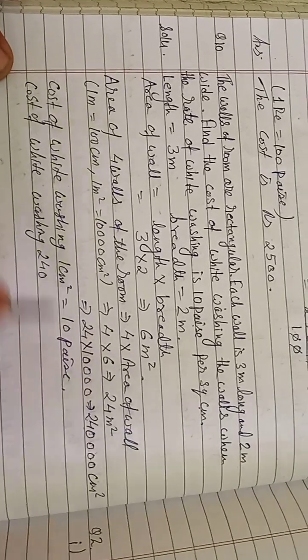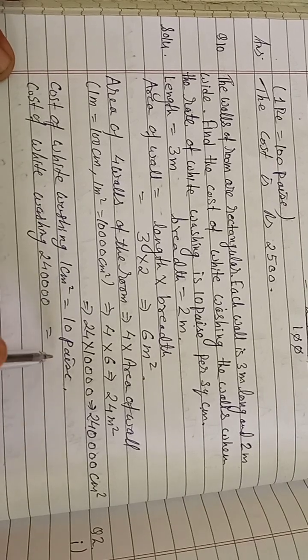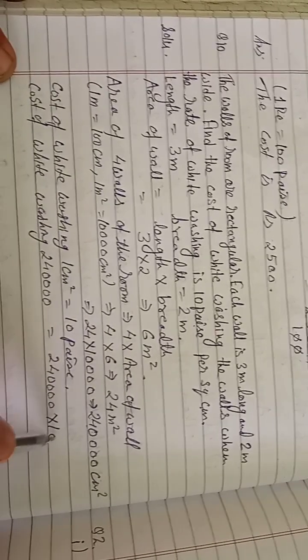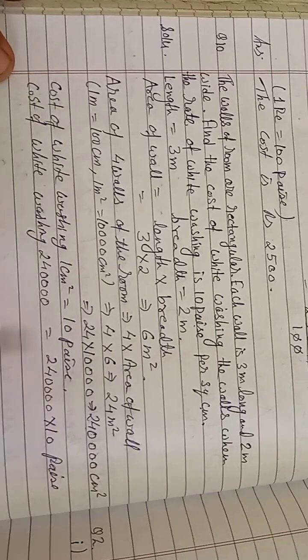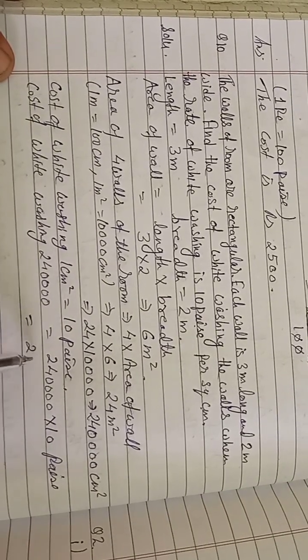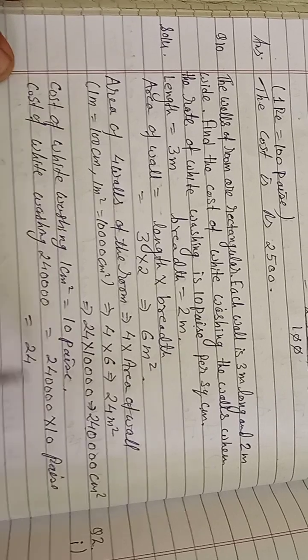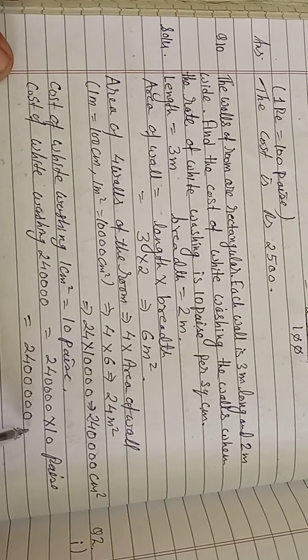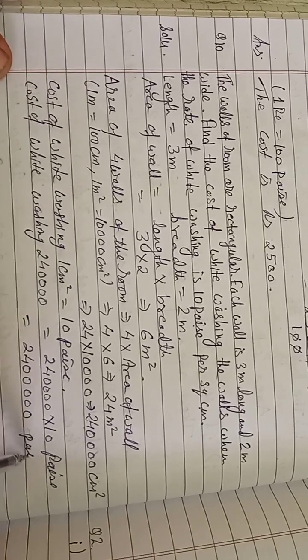How many zeros? 1 2 3 4 zeros. So 24 and 1 2 3 4 zeros into 10 paise. How much will it come? 24 and 1 2 3 4 5 zeros will come. It will be in paise.